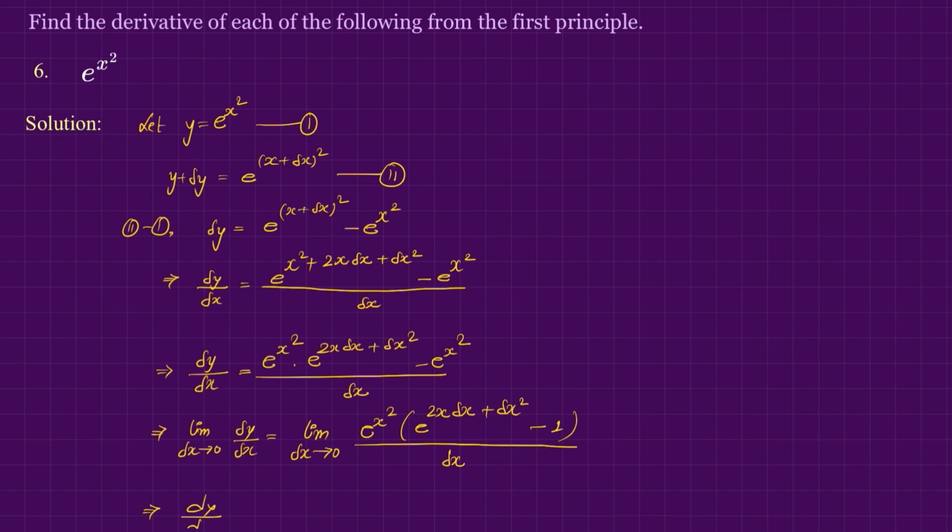dy by dx equals e to the power x square limit delta x tends to 0, e to the power, let me use the bracket here, 2x delta x plus delta x square minus 1 over delta x. Now in order to solve this question, let me multiply numerator and denominator by 2x delta x plus delta x square.